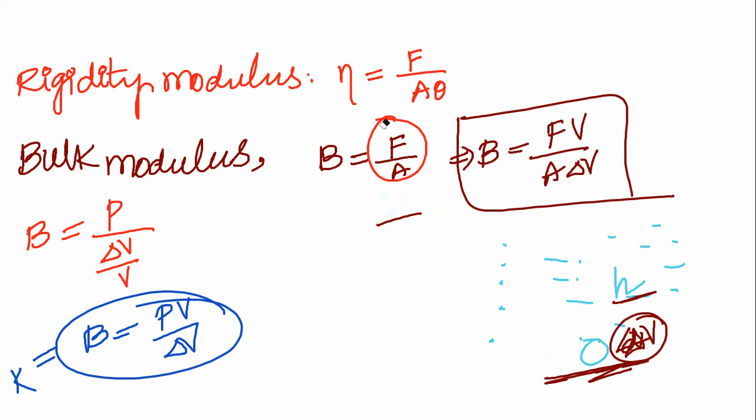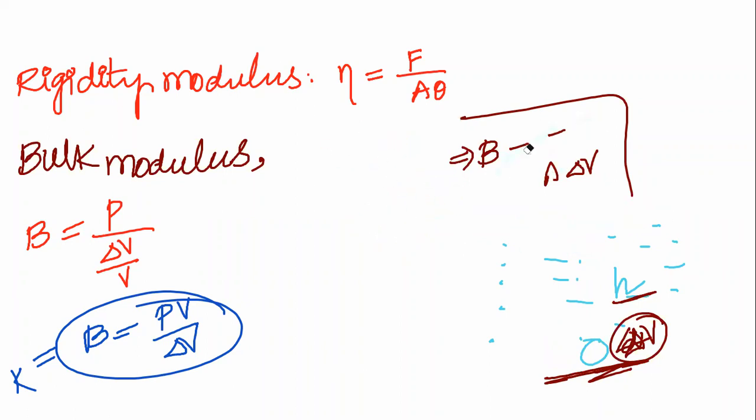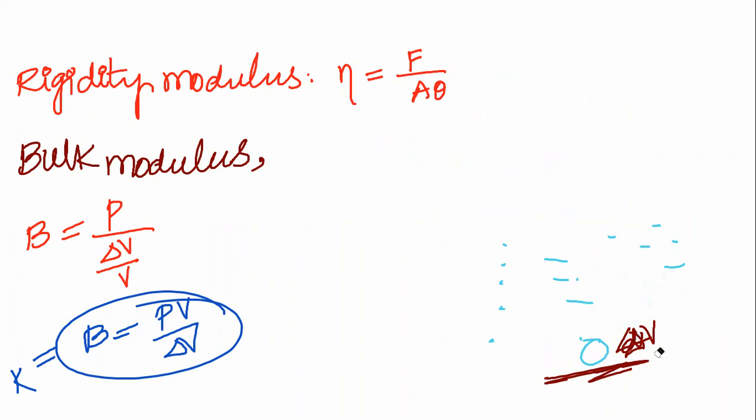So for the decrease in volume, first we'll take the bulk modulus.